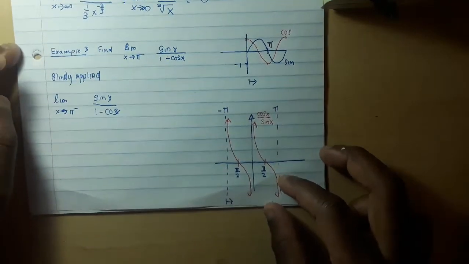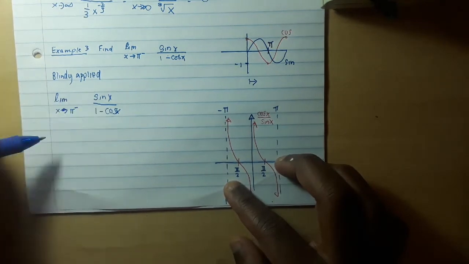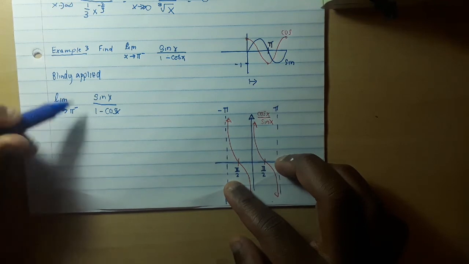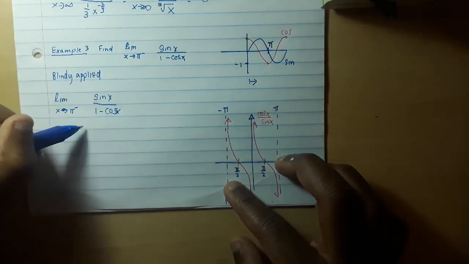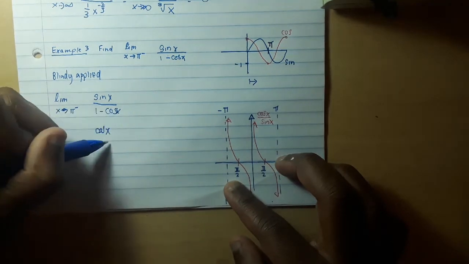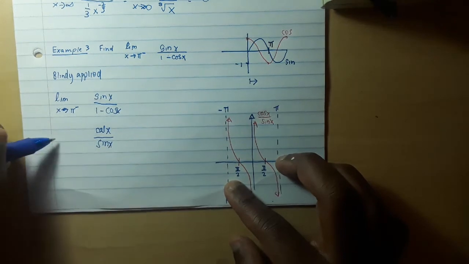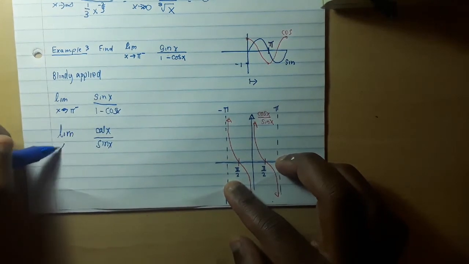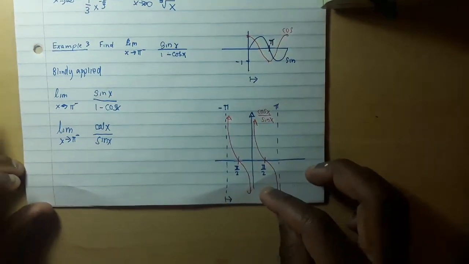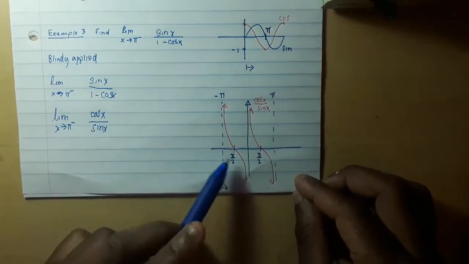So applying L'Hopital's rule means that we would then determine the derivative of this, which would be cos x. The derivative of this would then be equal to sine x, the limit as x tends towards pi on the left side.